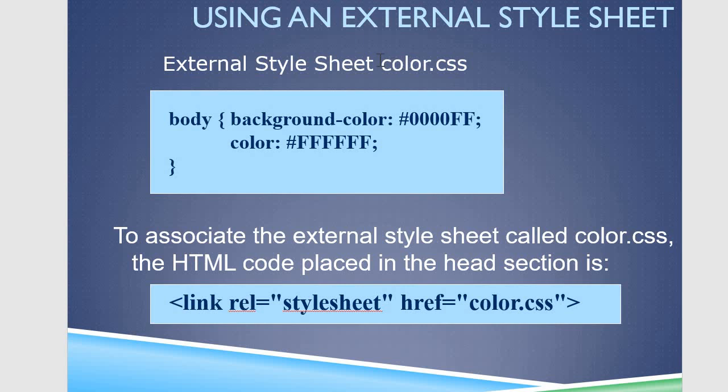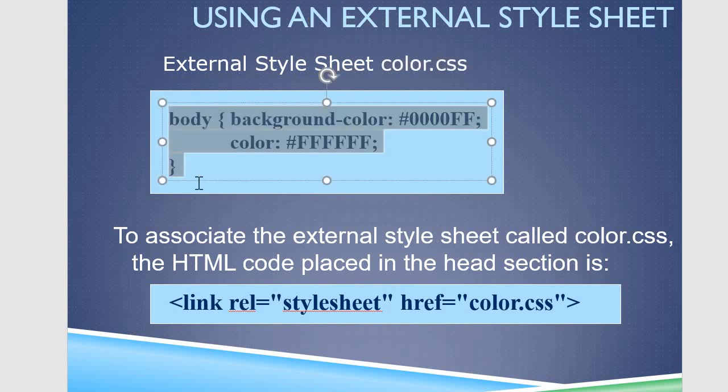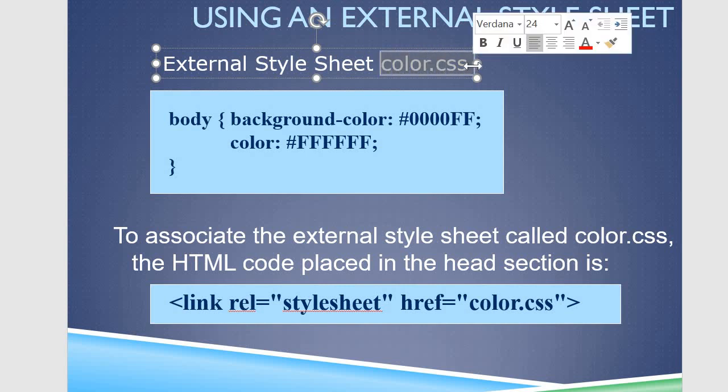See here, one external style sheet with the name color.css in a separate text file. In that we have written this style sheet in Sublime, or in a new Notepad file. After finishing typing this, we will save that file as color.css, for example.